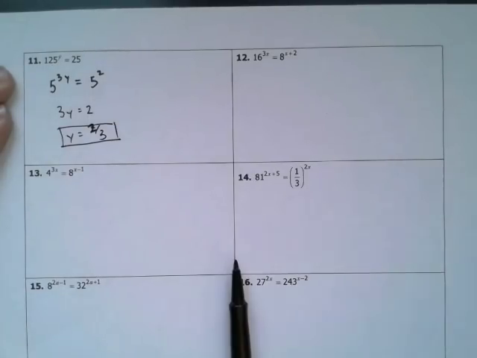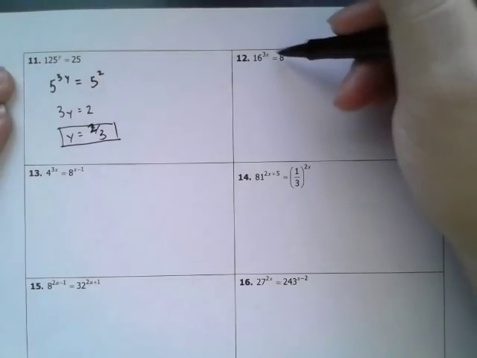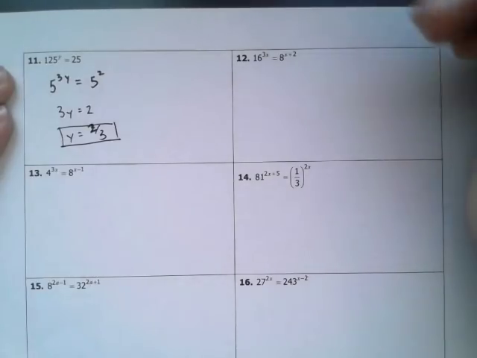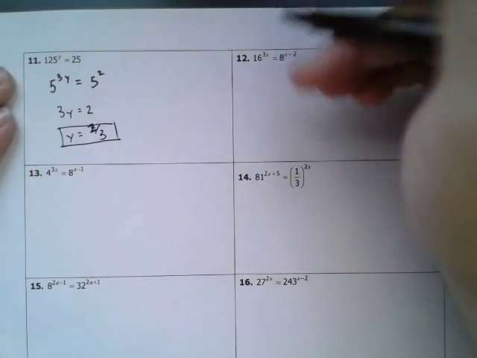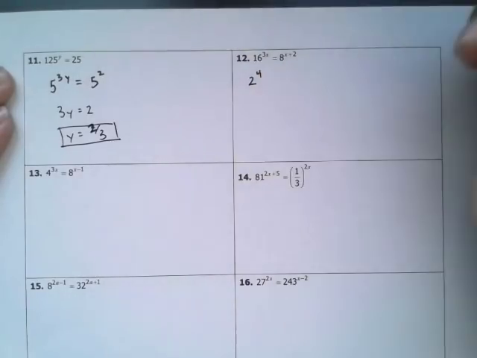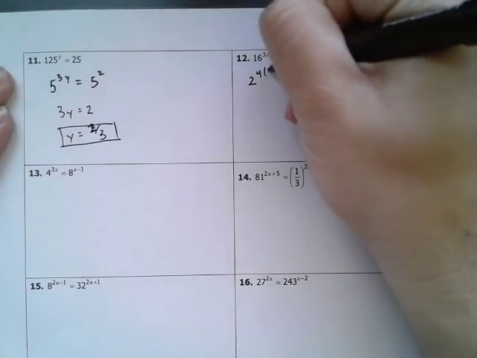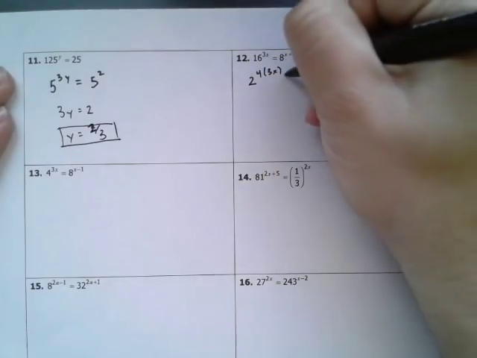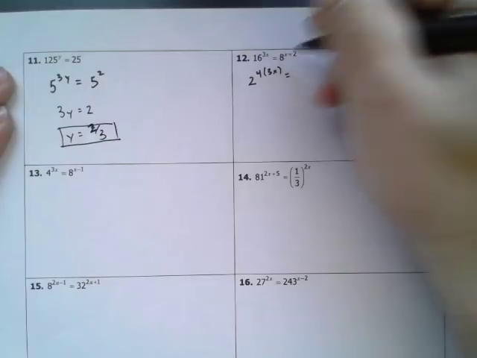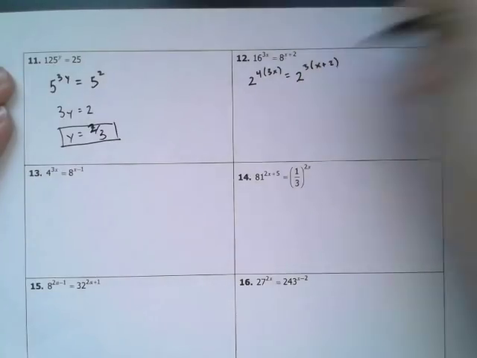For number 12, it looks like I might be stuck, but again, it's left and right. You have to rewrite both sides so you can get the common base. 16, I can rewrite this as base 2 to the 4th. And then 3x is still here, so parentheses 3x is equal to, and I can rewrite 8 as 2 to the 3rd times x plus 2.